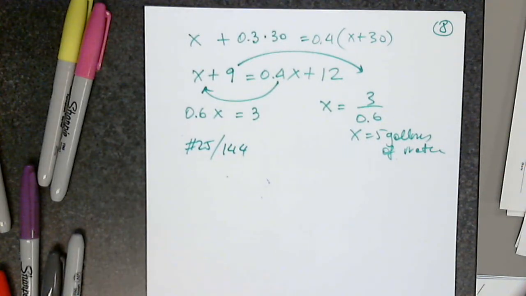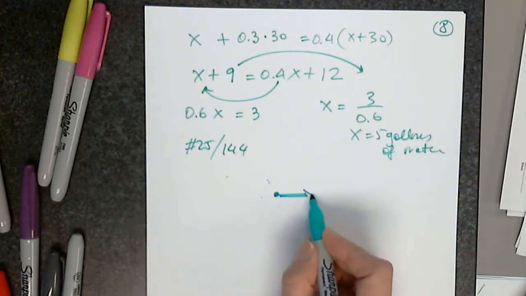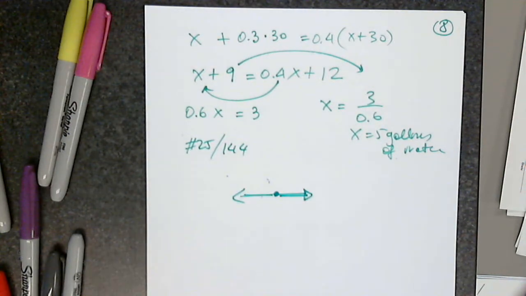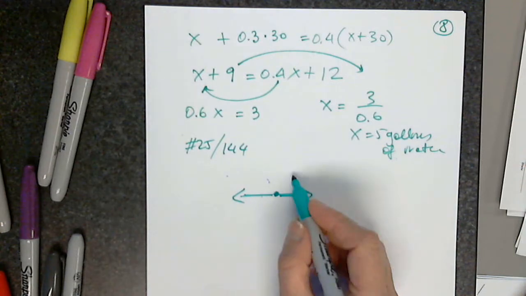Alan and Dave leave from the same point driving in opposite directions. So one goes this way, and the other one goes this way. So this is Alan, and this is Dave.